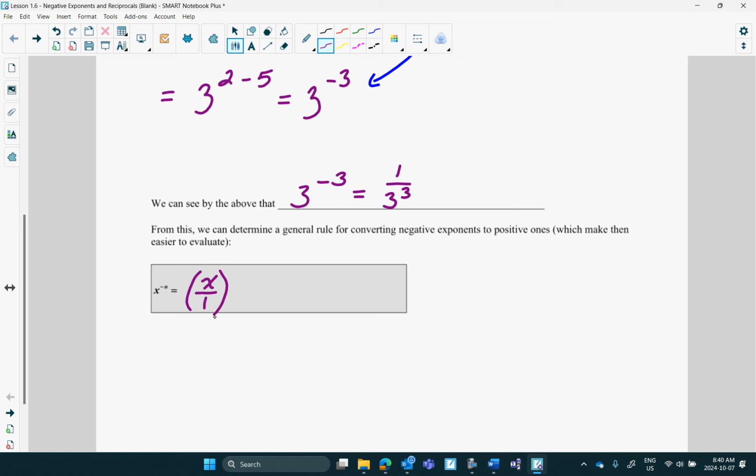And you can write any number as a fraction by tossing it over 1. But I want to change it to a positive exponent. So what do we do? We just flip the base, which is the same as 1 to the n, which is just 1 over x to the n.